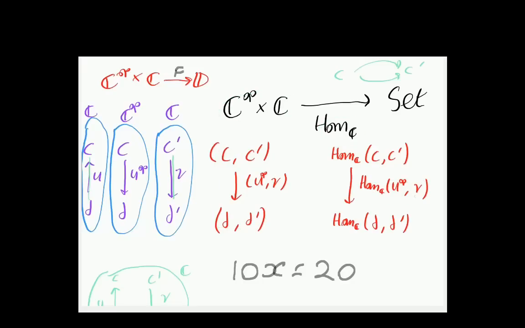Well, it's pretty simple. What we want to do is make a function which is going to allow us to translate these arrows like R from C to C dash into things that live in this set here. So what we do is we take R and then we pre-compose it with U and we post-compose it with V. And that's how this thing works.